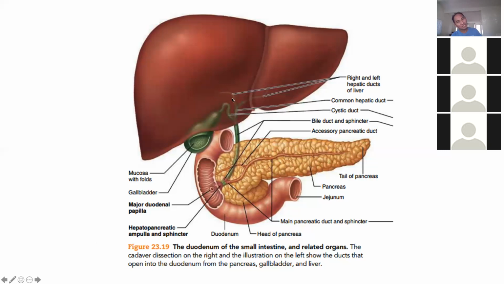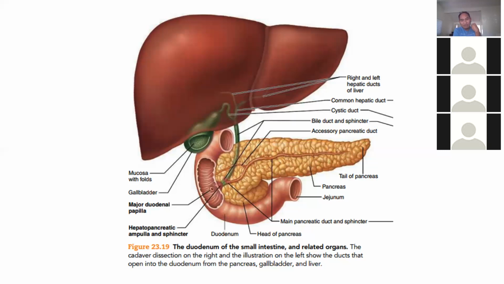So the bile which is made in the liver will be secreted out of the liver from the right hepatic duct and left hepatic duct, and then finally that bile will be stored in the gallbladder. Gallbladder will store the bile and concentrate the bile.